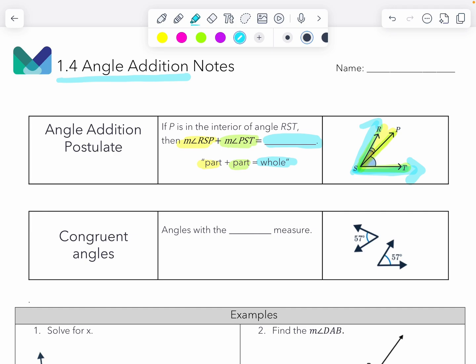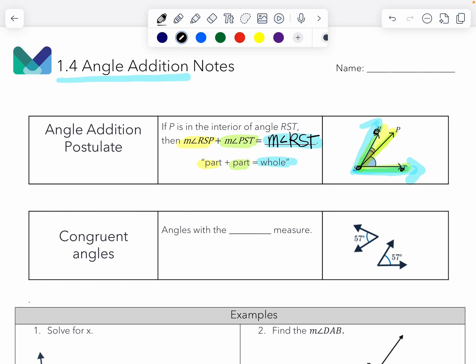And let's go ahead and name that whole angle. We could call that blue angle, or if we measured it, it would be the measure of angle point R to point S to point T, so we could call that RST.